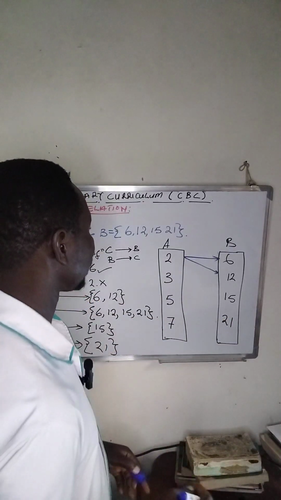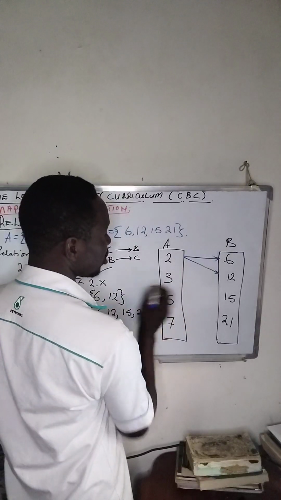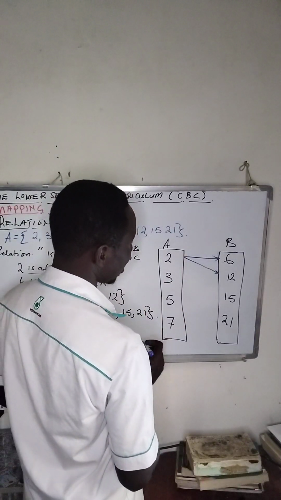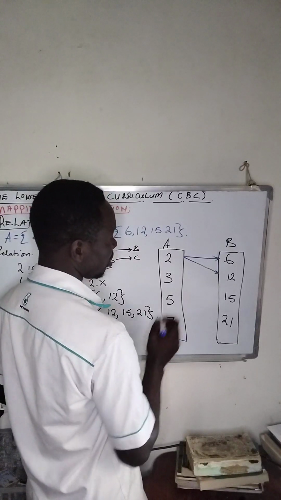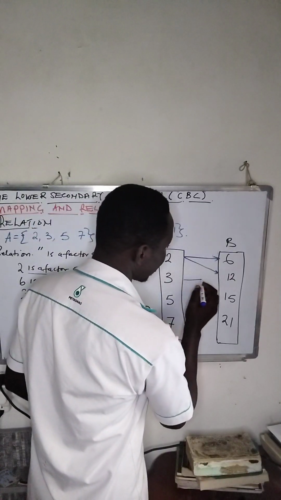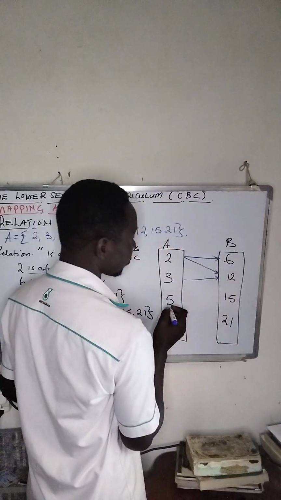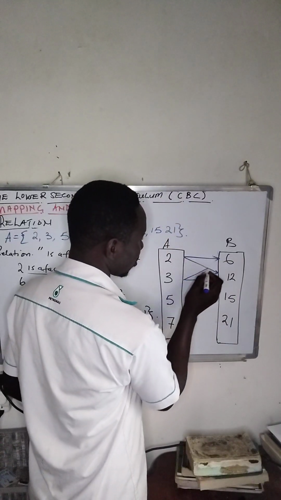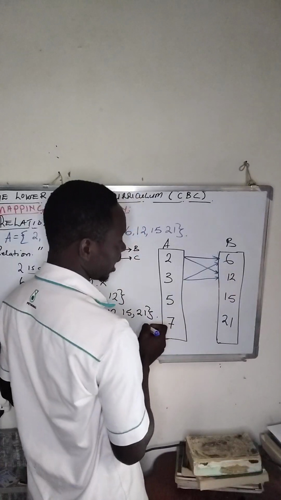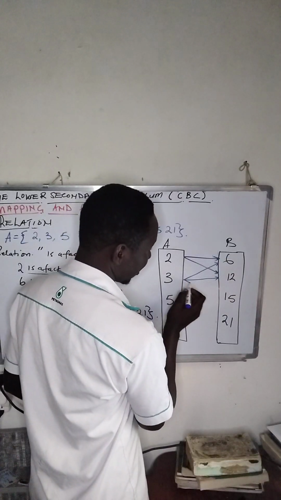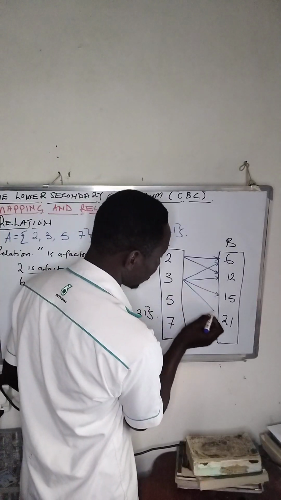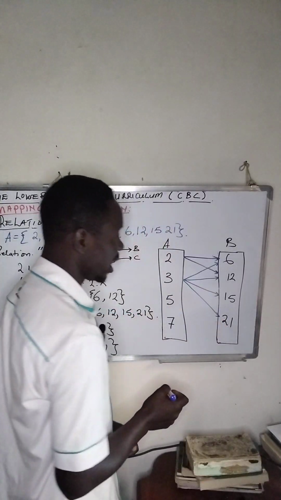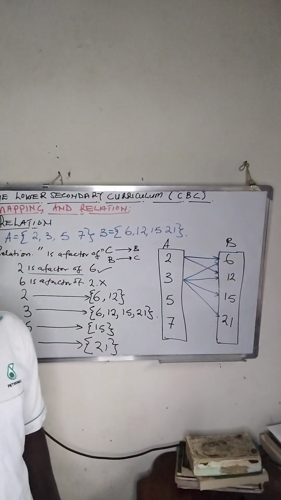Then we continue. Also, we have this one, 3. 3 goes here and we say is a factor. Now, this 3 is a factor of 12. Also a factor of 6. A factor of 15. And also a factor of 21. Are you seeing that one?